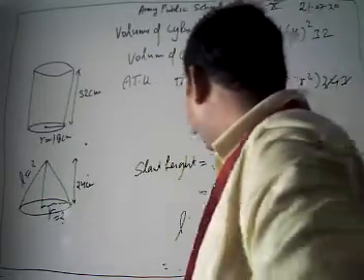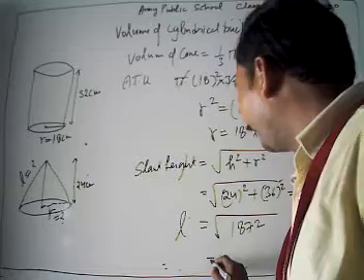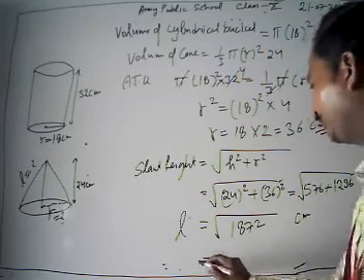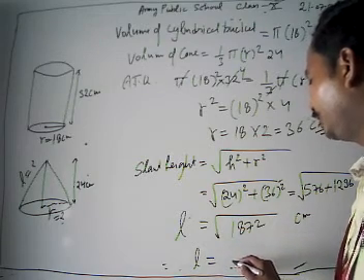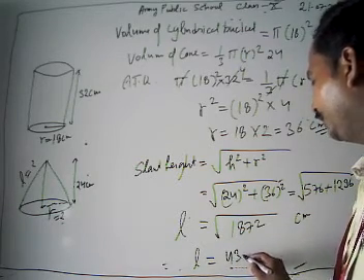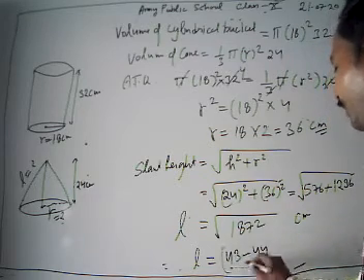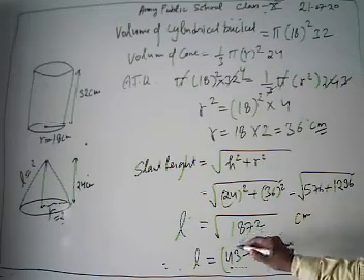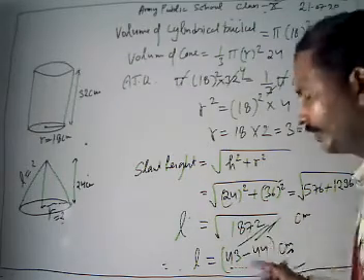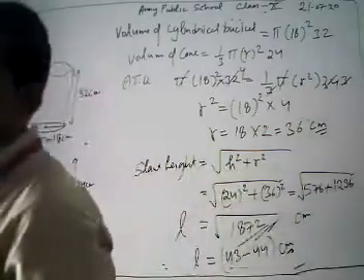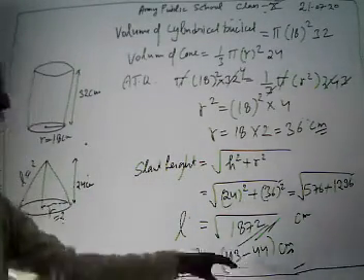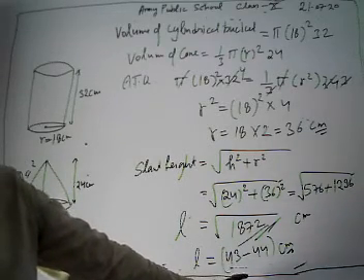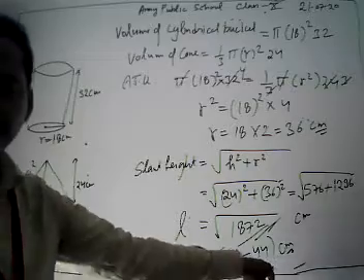The slant height is approximately 43 point something centimeter. Please find the square root of 1872 and you will get its approximate value in decimals.